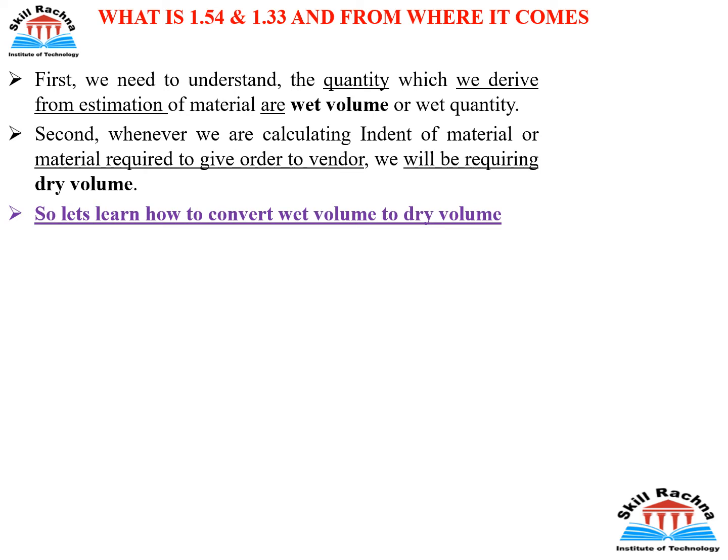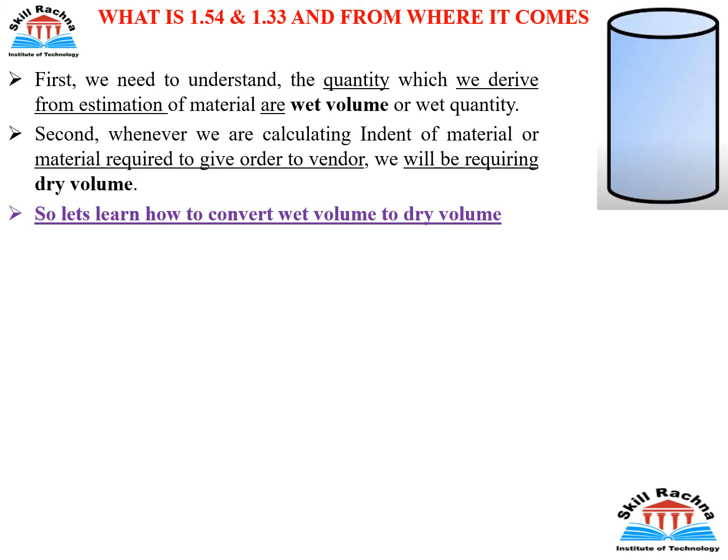Second, whenever we are calculating the indent of material, or the purchase of material, or the material required to give the order to the vendor, we will require the dry volume. So there is a difference. From quantity estimation we get the wet volume, and when we are doing the purchase order, we need to know the dry volume. So let's learn how to convert the wet volume to dry volume.